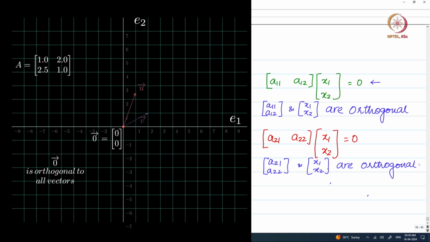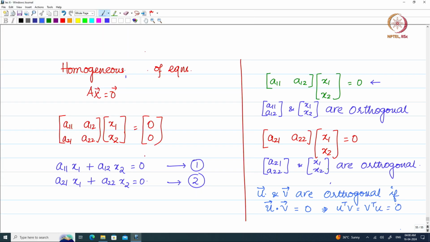We know that two vectors u and v are orthogonal if u dot v is equal to 0, that is u transpose v, which is the same as v transpose u, which is equal to 0, and that is exactly what we see here.